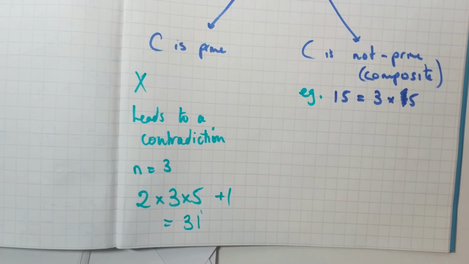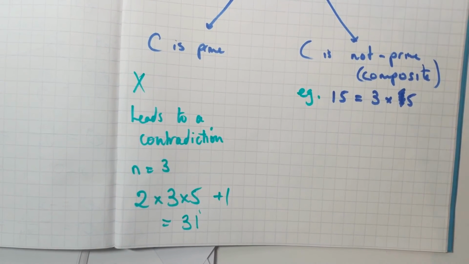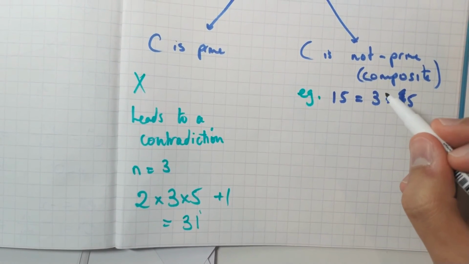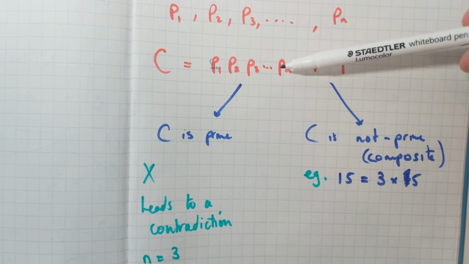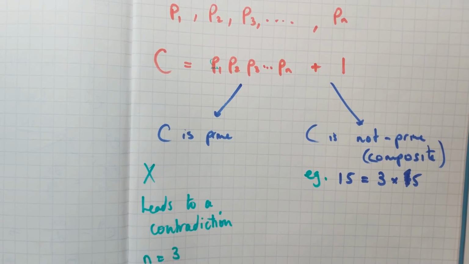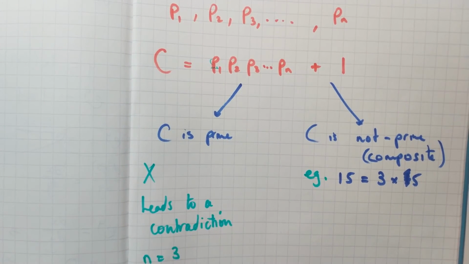For the second case, if I assume that C ends up being composite, then it's composed of some primes. If it's composite, it can't include any of the original primes in its prime factor decomposition, because C is 1 more than a multiple of P1. Therefore, it can't be a multiple of P1, because it's just 1 more than it.